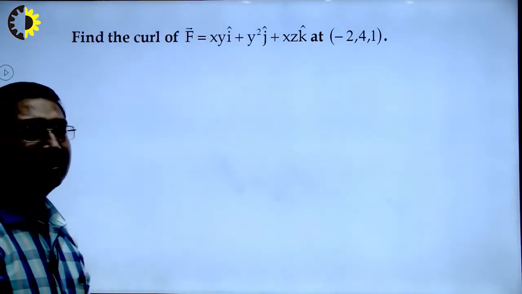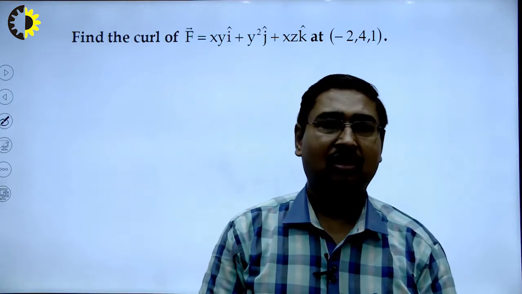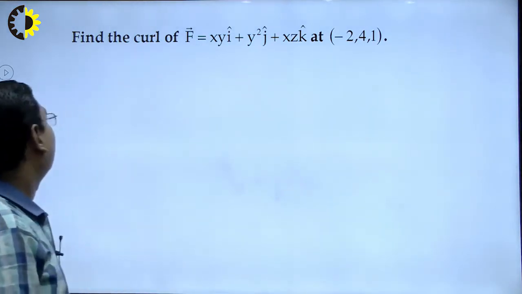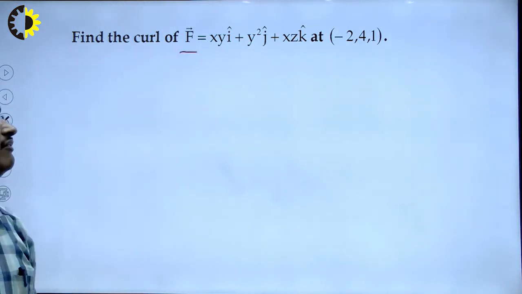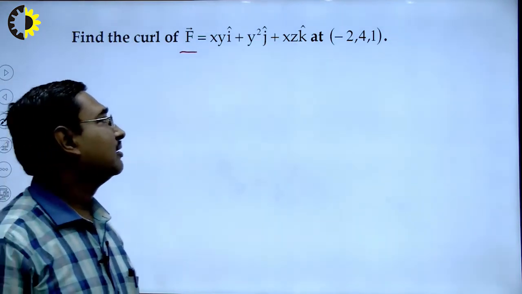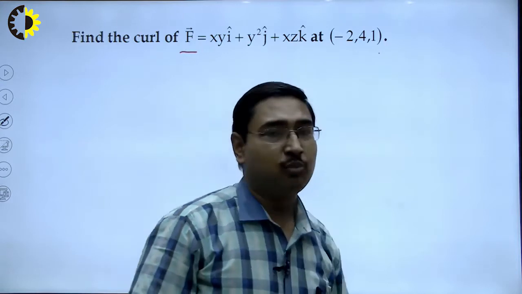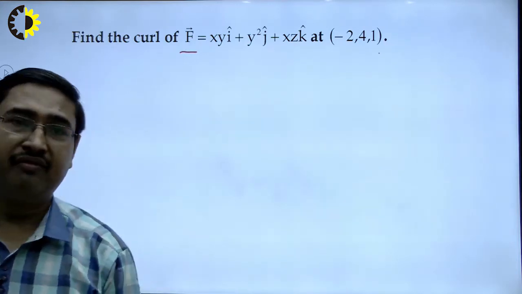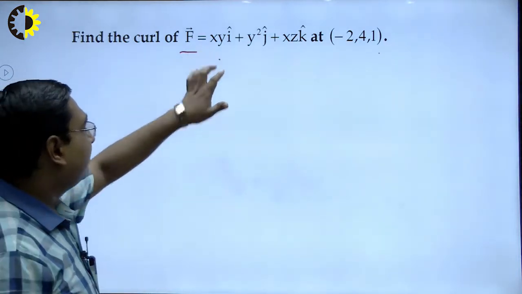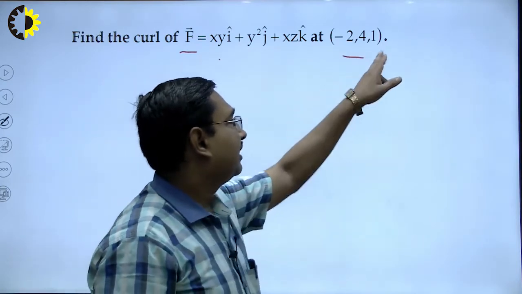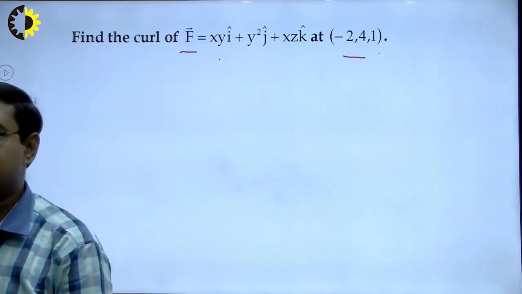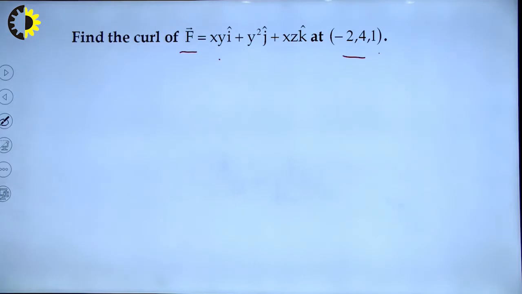Now, we take an example of how to calculate curl of a vector function. Find the curl of this function f: xy i cap plus y square j cap plus xz k cap at this point minus 2, 4, 1. This function f is given and we are interested in finding its curl at this point.